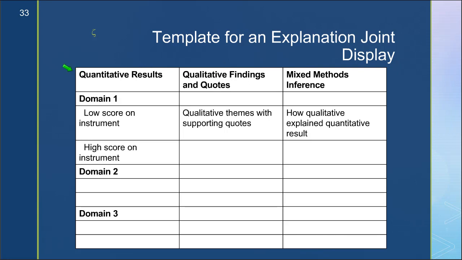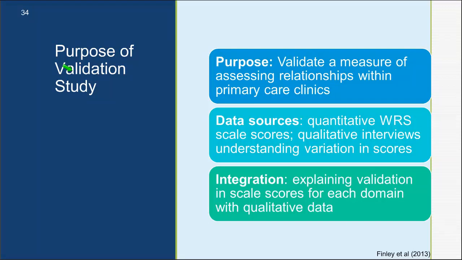So this looks very similar to the side-by-side joint display that we talked about earlier. I won't explain this in more detail, but as far as what you could have in these columns, it could be results of analysis, perhaps significance values, things like scores on an instrument. Let me just show you an example to make it a little bit more concrete though.